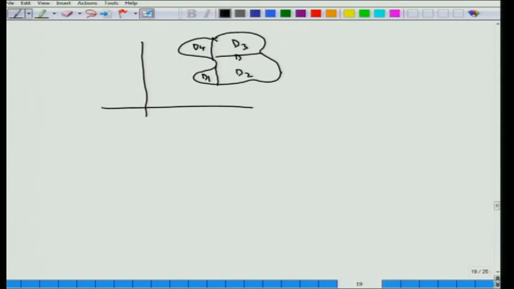Here we do integration over each one, and the integrations over these artificial boundaries introduced inside will cancel. When we move like this on D1, then on D2 we move this way, in the negative direction of this, and so the integration over this will cancel.